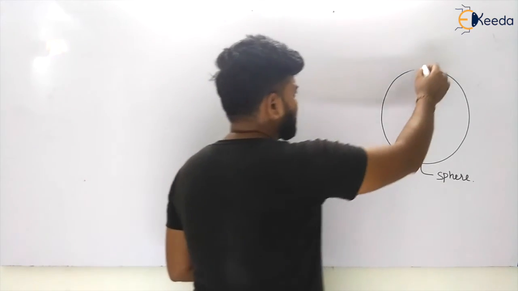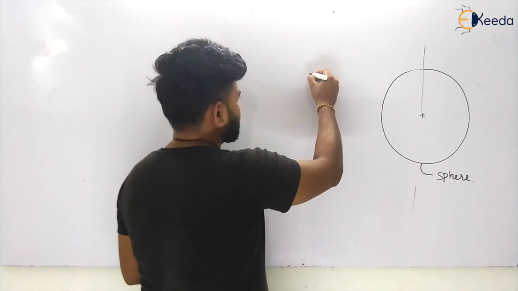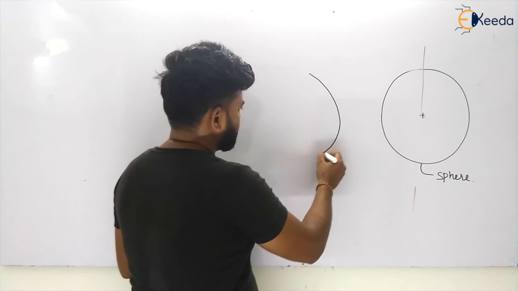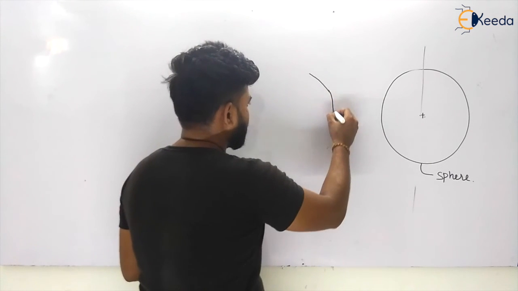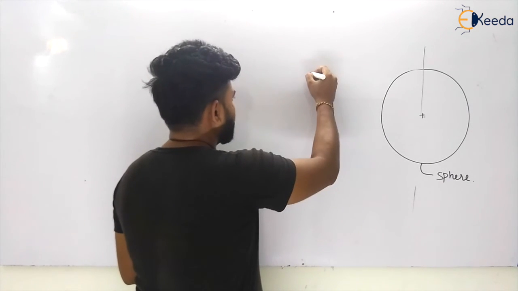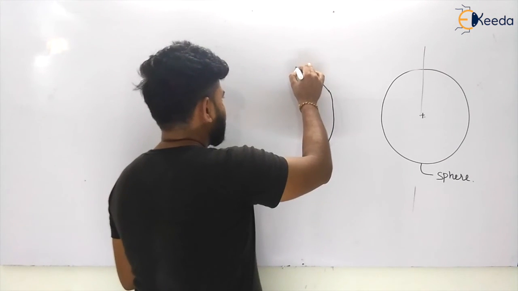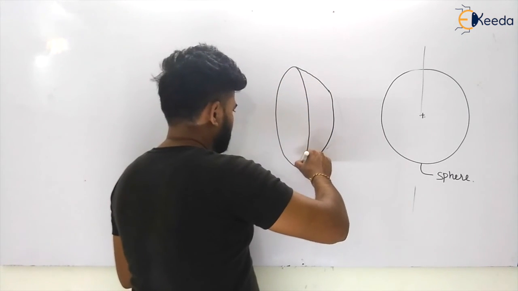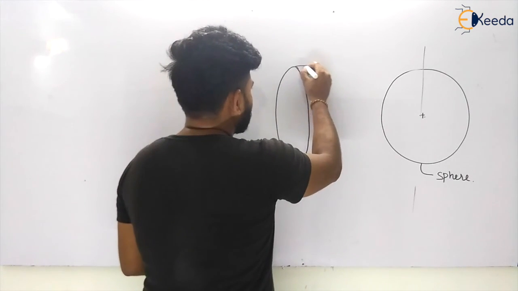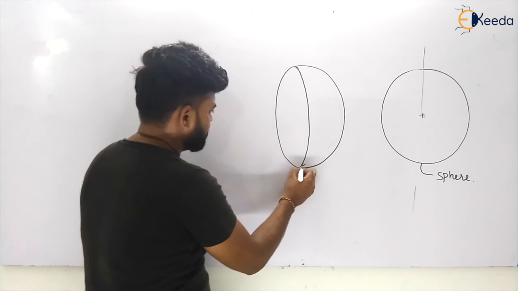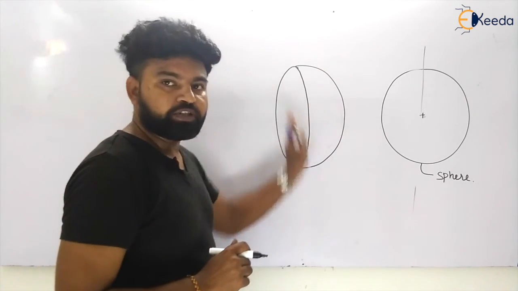Let us say if I cut that in half, then I will have that part, my dear student. If this is your sphere, this will be something like this, if I cut it into this portion.